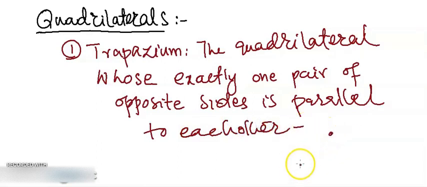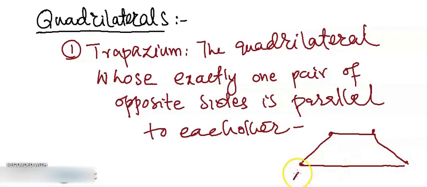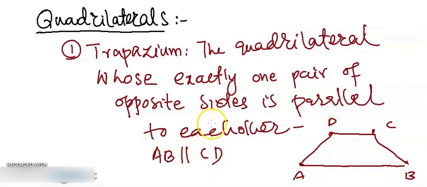For example, we have this kind of quadrilateral. If I say A, B, C and D, then AB is parallel to CD. Since one pair of sides is parallel to each other, it is a trapezium.